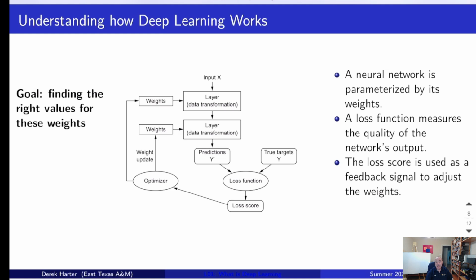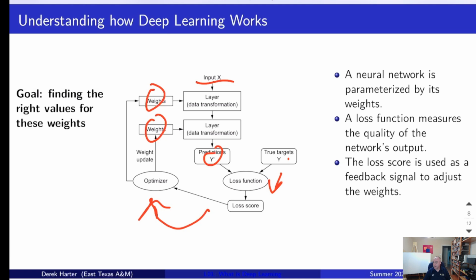Once you have that, the fundamental trick in deep learning is this feedback signal. The feedback signal is going to adjust the weights so that the next time it sees that input, it will have a prediction that's better, closer to the true target, thus minimizing the loss function.